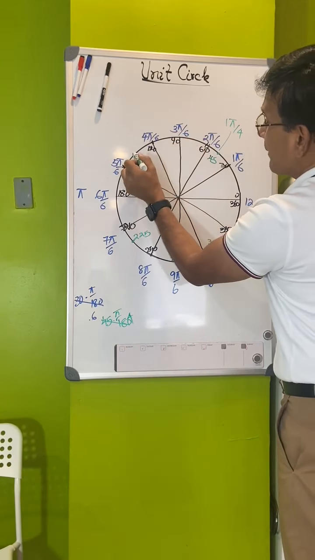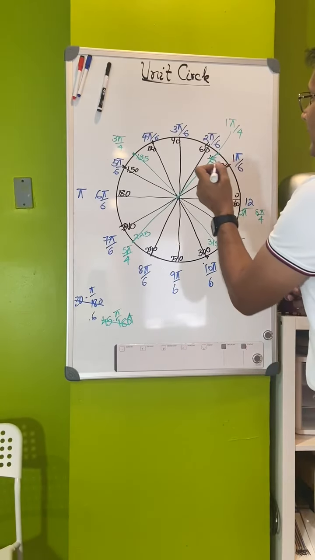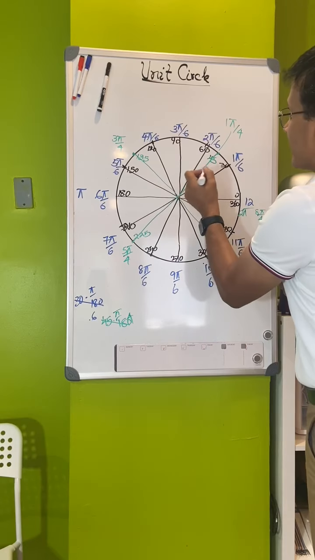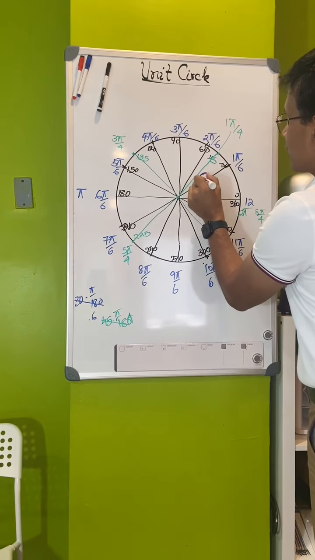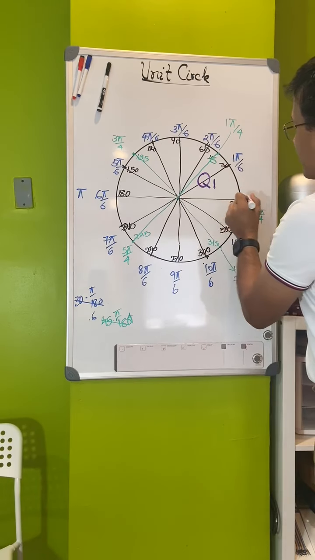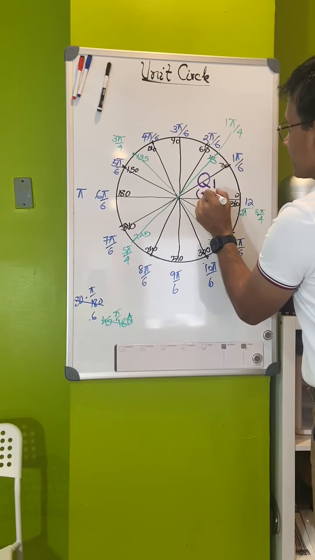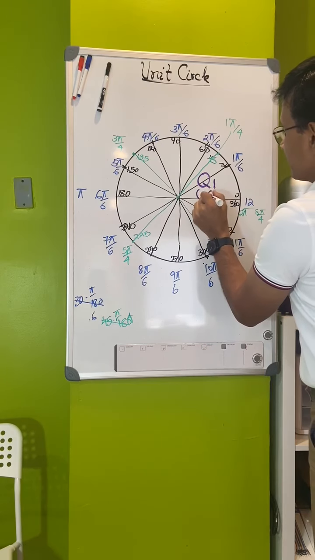Now, what is left here? We want to write the values for each degree or radian. Say for 30 degrees, what are the values? Even before writing the values, what I want to do is write the quadrants. What quadrant is this one? Let's call it Q1, quadrant 1. In quadrant 1, the x value and y value are both positive.